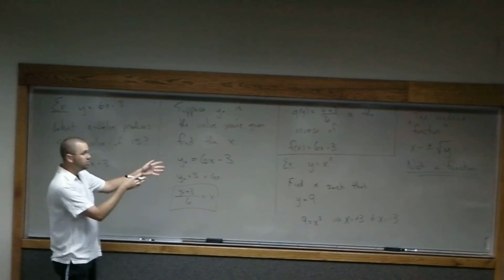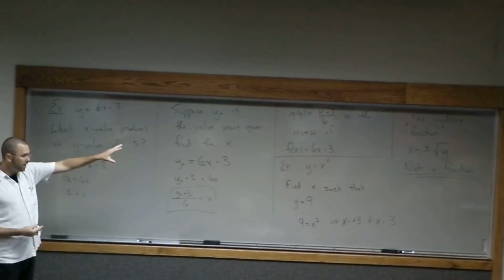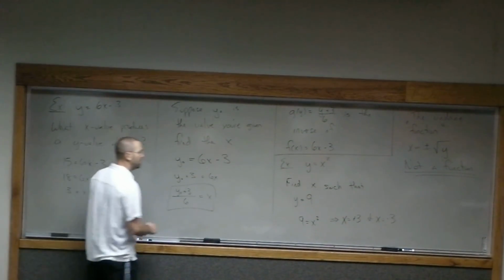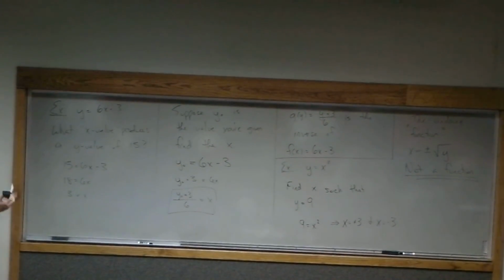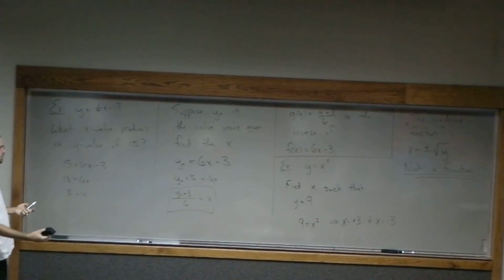Yes, it does undo this x squared function, but by itself, this thing is not a function. And so y equals x squared doesn't have an inverse function like this 6x minus 3 did.